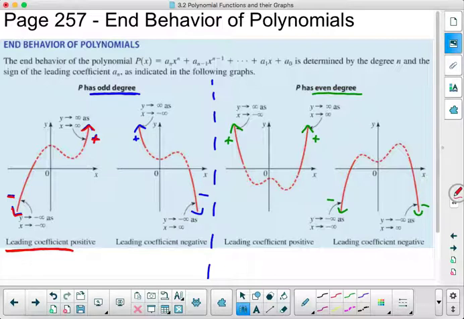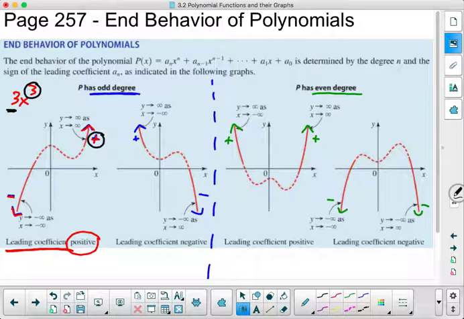So if my leading coefficient is positive, so that means if I had, say, something like 3x to the third, 3 is a very positive number. X to the third, that's an odd degree. Anything that's positive, that tells you actually how it's going to end right here.